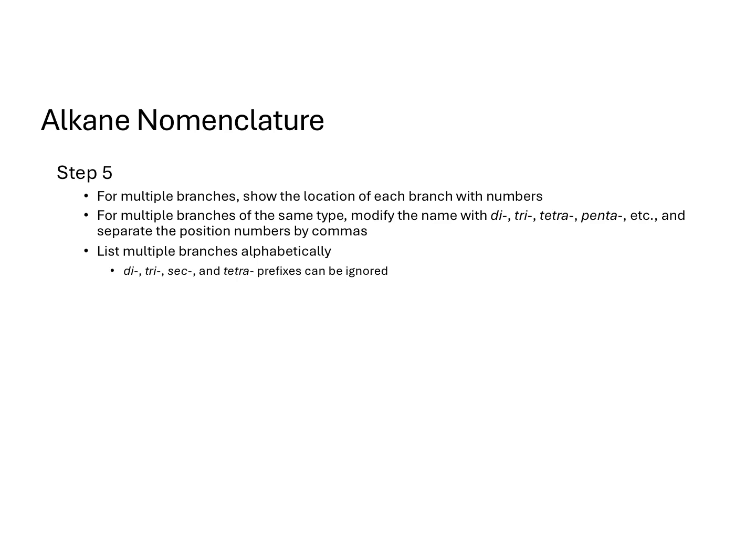And then separate the position numbers by commas. You list the multiple branches alphabetically, but you ignore the prefixes. So I want us to look at an example where we do that. So let's look at this molecule.